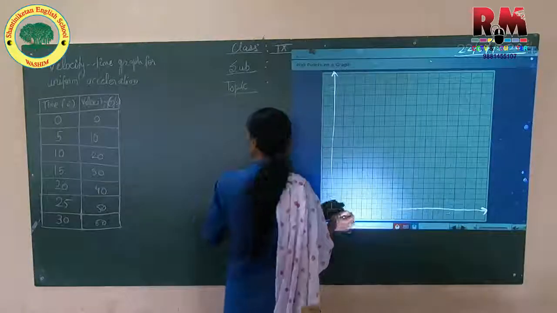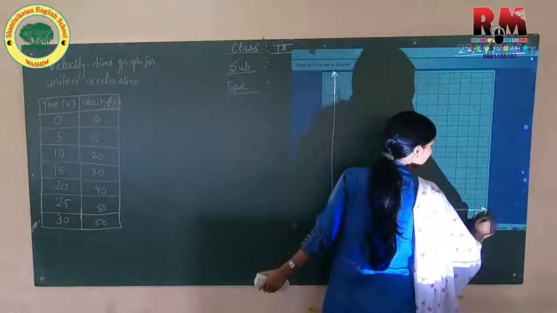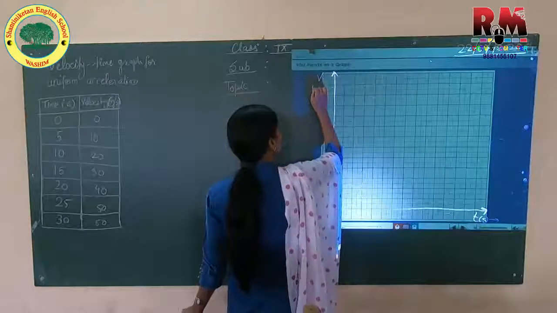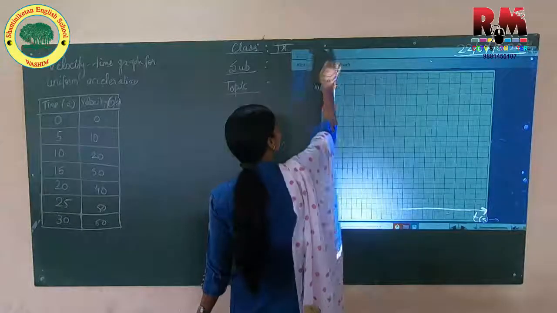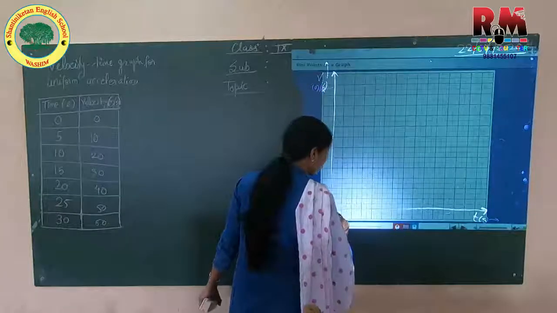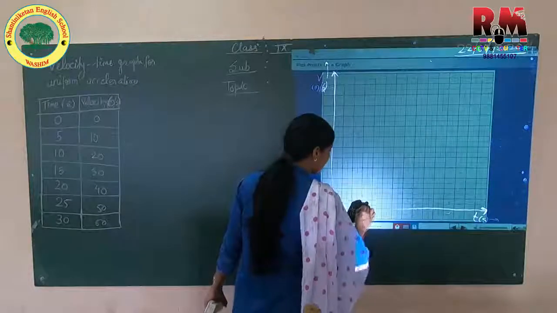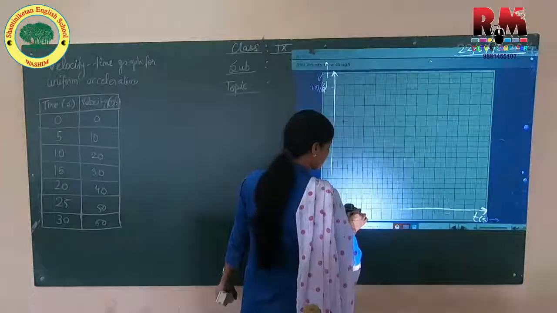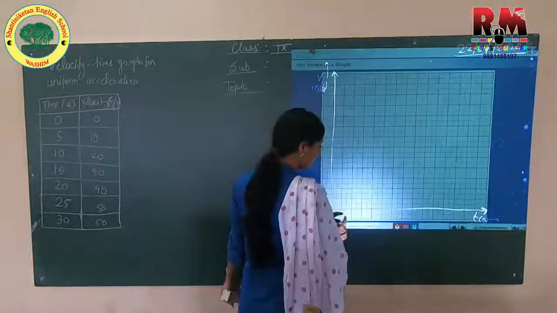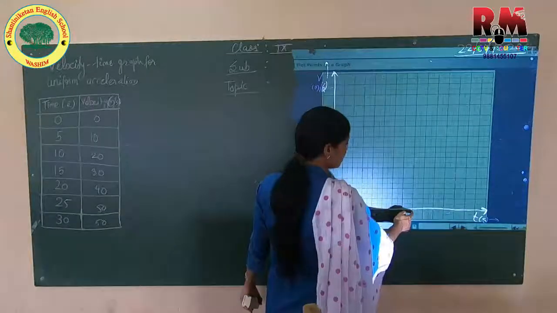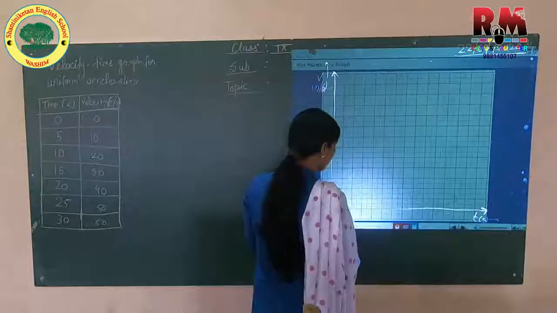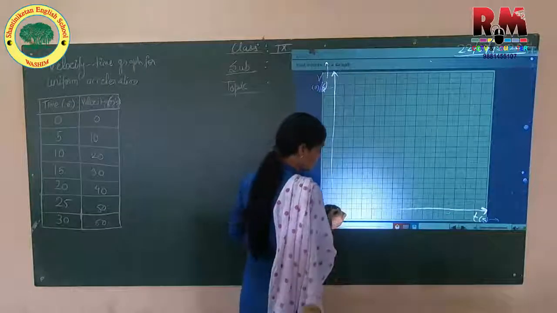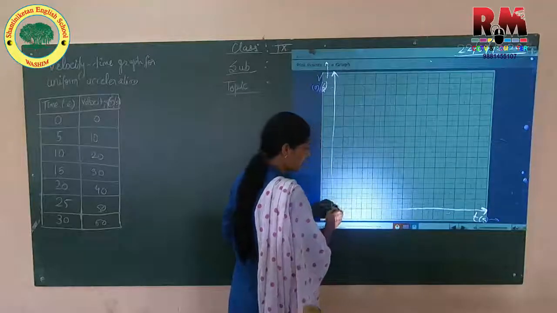So this is 0. Time in second and velocity in meter per second. I'll take 5, 10, 15, 20, 25, 30, so this graph will look nice and points can be seen very clearly.